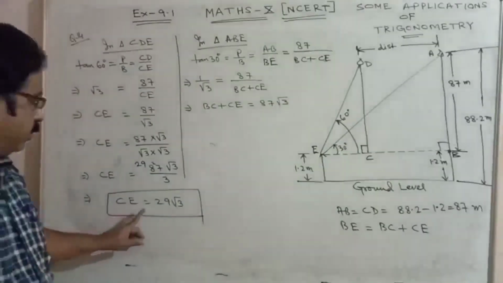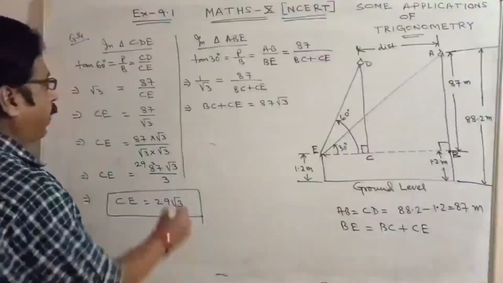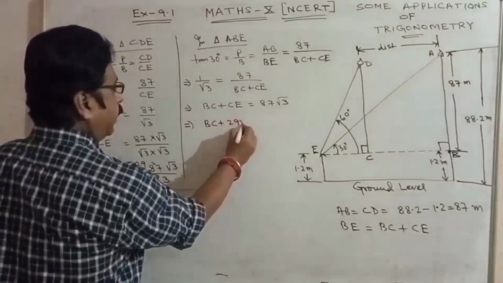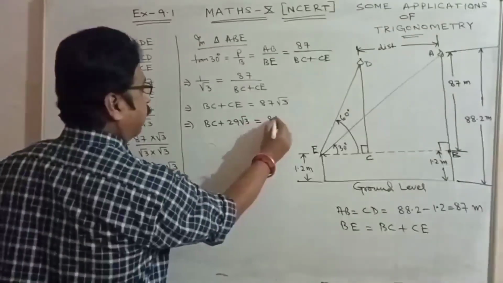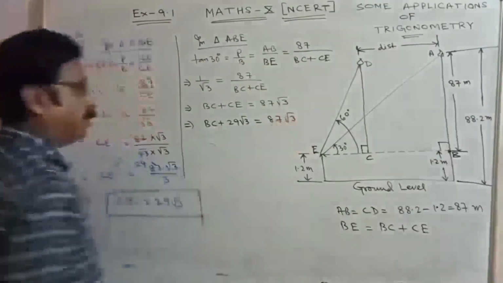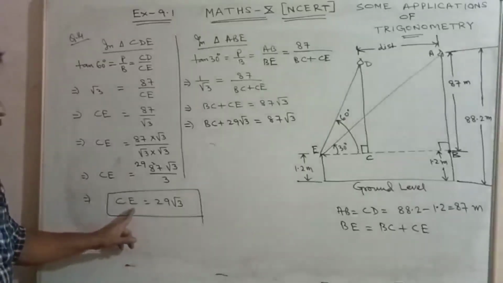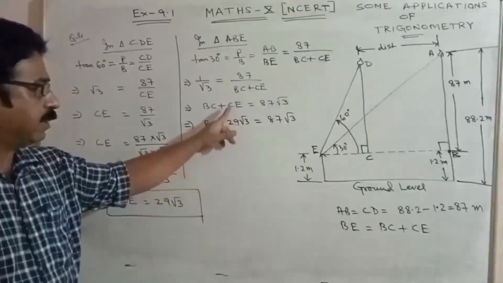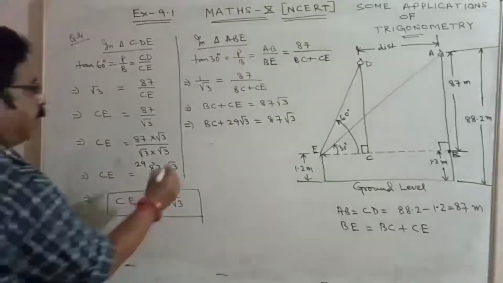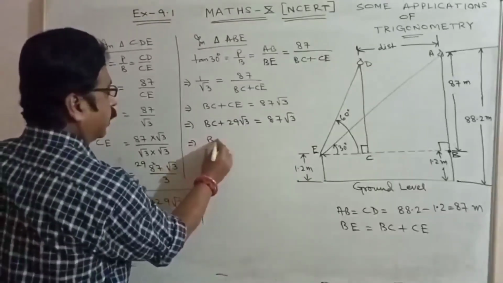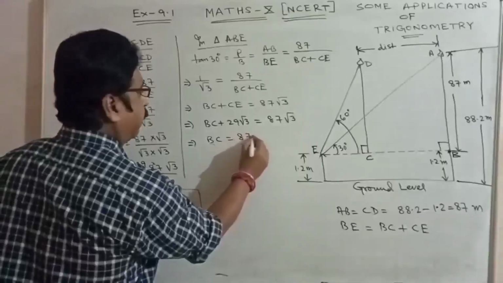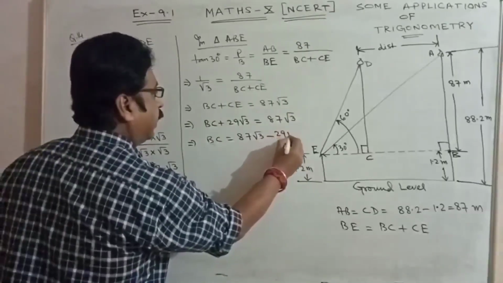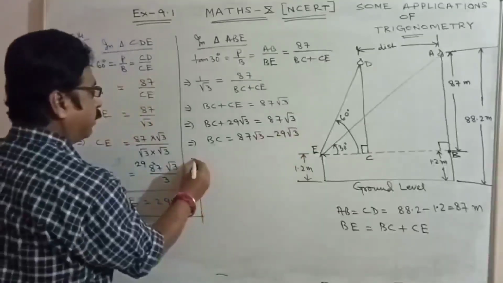Now CE we know is 29 root 3. We got BC plus 29 root 3 equals 87 root 3. That value we have put here, CE in place of 29 root 3. Now BC is 87 root 3 minus 29 root 3.